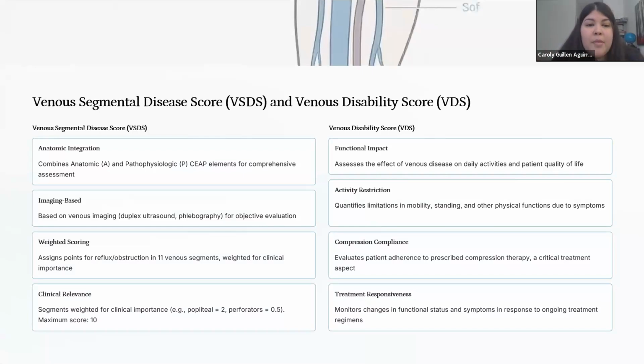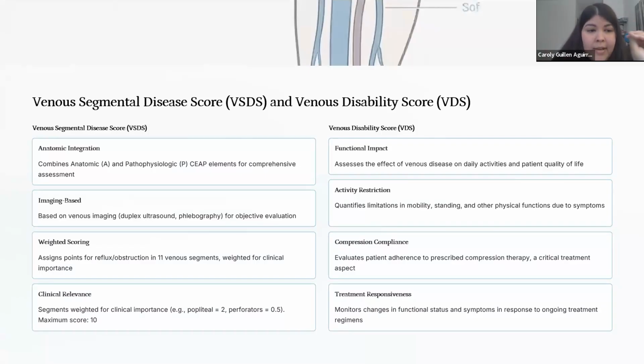So we start with the venous segmental disease score and the venous disability score. These are actually more historical surveys. We don't use them anymore, but the venous segmental disease score actually was an anatomic integration that combined anatomic and pathophysiologic elements of the CEAP for comprehensive assessment.